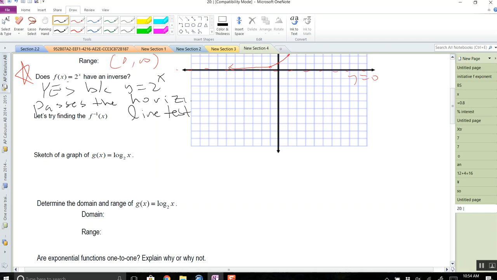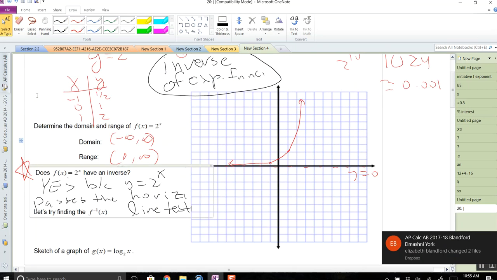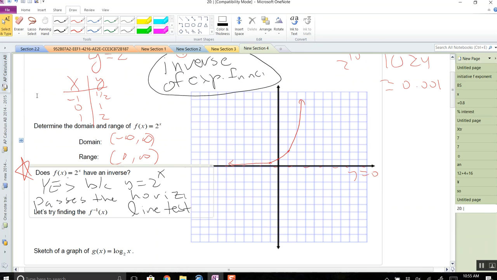What does it mean? Basically, if you draw a horizontal line and it crosses the graph no more than once, the inverse will be a function.